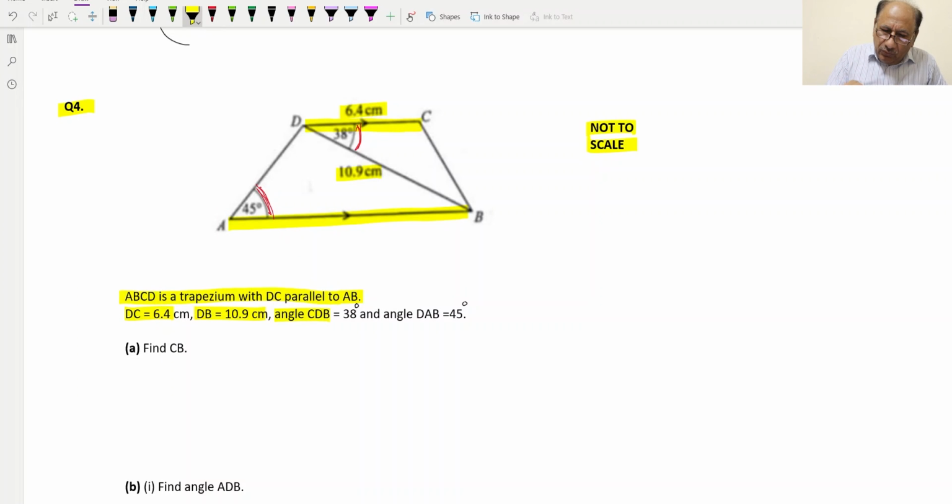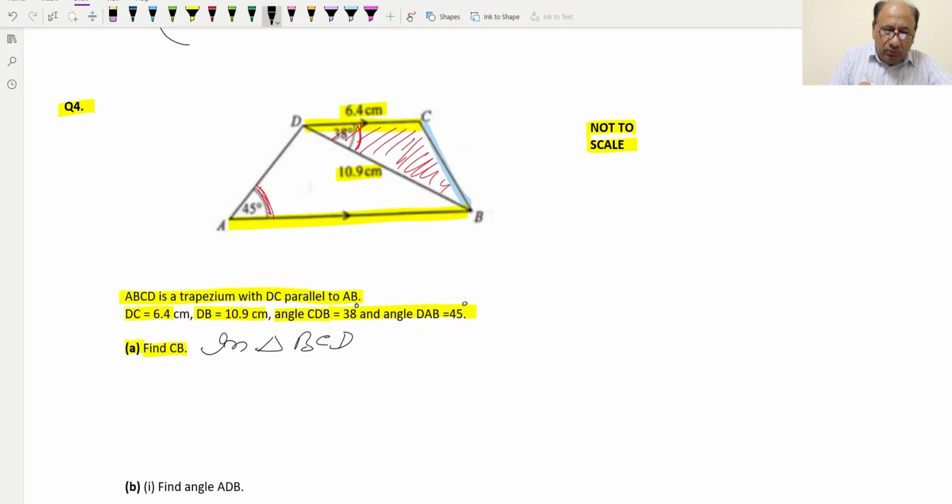The A part is find CB, and CB is this side which we need to find. So to find this side we can use this triangle, which I'm highlighting, and we can say in triangle BCD we will be applying the cosine rule.